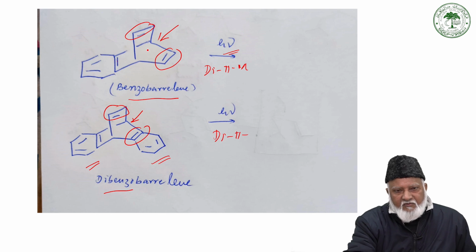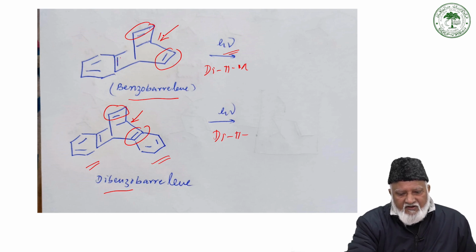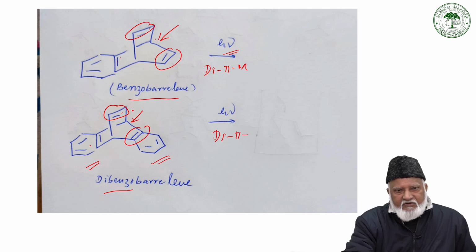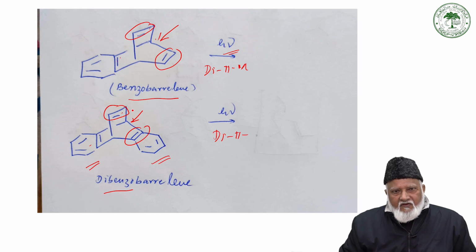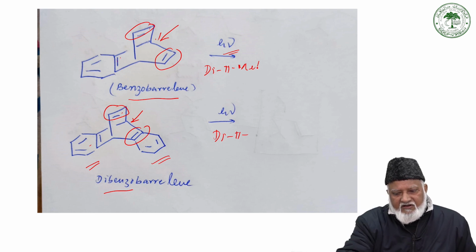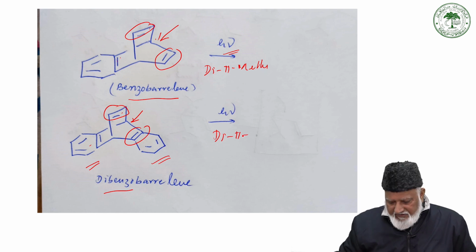So any two double bonds you consider, even if separated by a benzene ring, are set for di-pi-methane rearrangement, and hence can lead to interesting products.